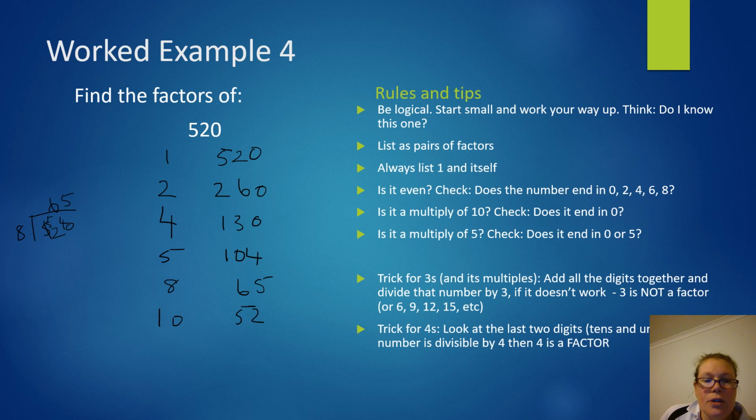And you keep going. 11's not going to work, 12 might. Use your calculator. Once it starts to get to this sort of point where it's not as easy, we would be expecting you to use a calculator. So I'm going to suggest there are many, many more here. You just need to use your calculator to do it.